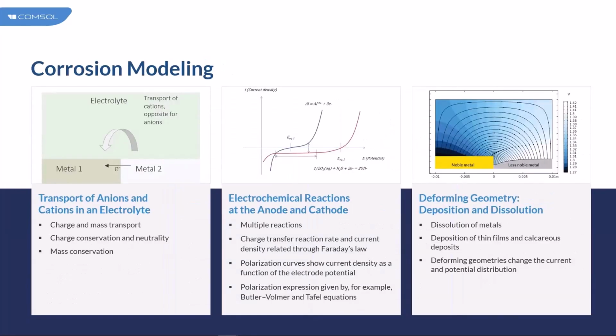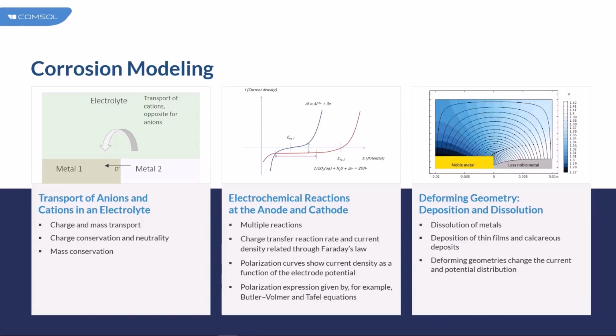Basically, when modeling corrosion or protection systems, you model the transport of anions and cations in an electrolyte or electrons in the electrode. This is done by including the equations for mass transport, charge transport and ensuring charge neutrality and mass conservation. For the electrochemical reactions occurring on the anode and cathode, you can have multiple reactions.